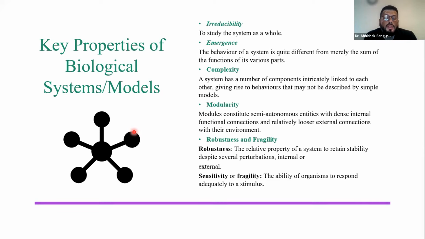So that's what irreducibility of a system is. For example, cellular respiration, right? Then emergence. Emergence is quite similar to irreducibility, but it is a different property, where systems are composed of individual elements or parts that interact in various ways.